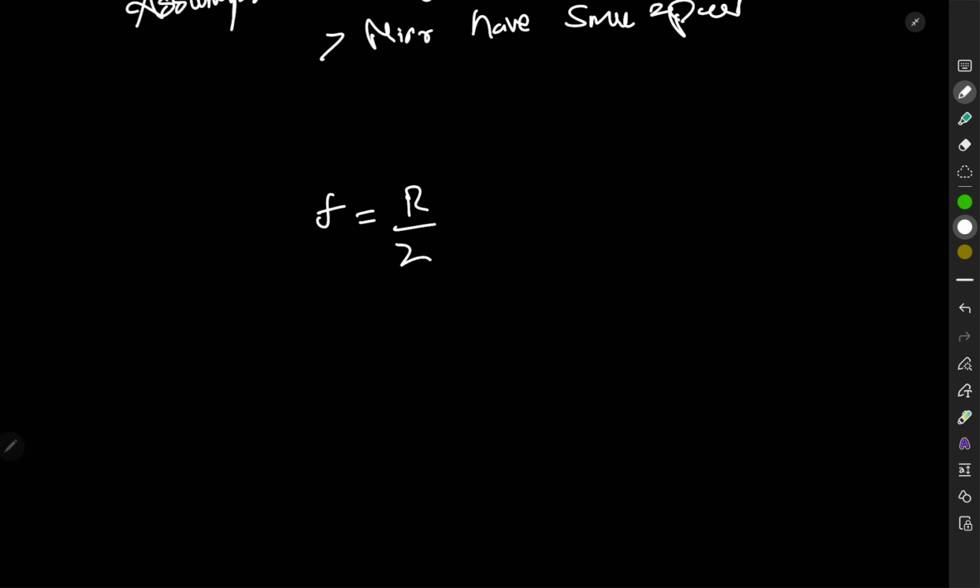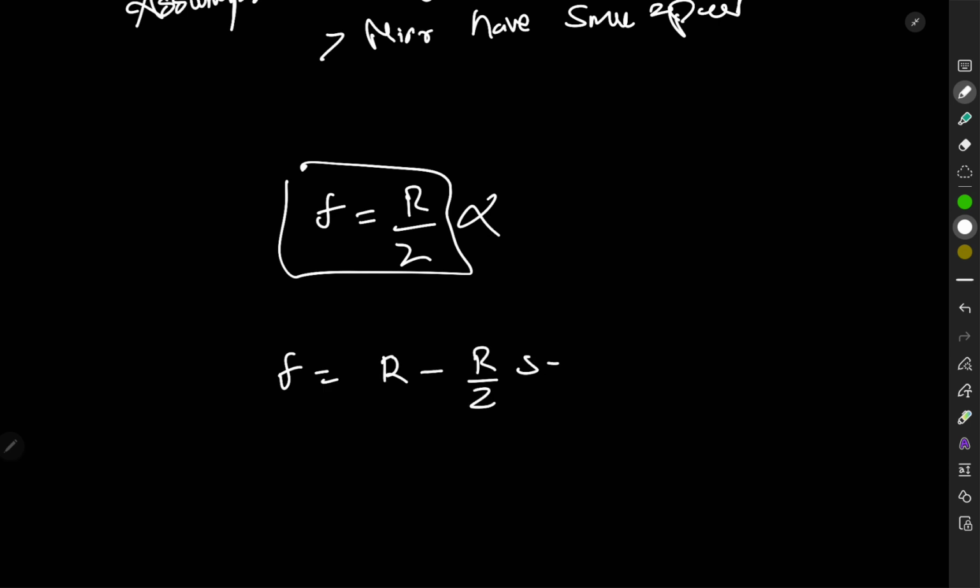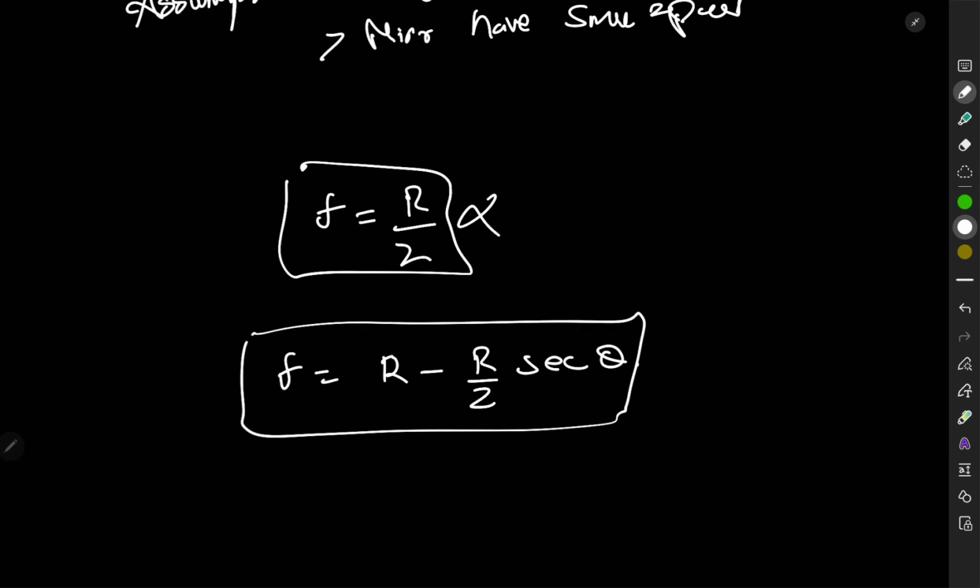This is wrong. Due to these assumptions only we come to the conclusion that it is equal to R by 2. If these assumptions weren't there, it will be something like f is equal to R minus R by 2 sec theta. This is the general case.